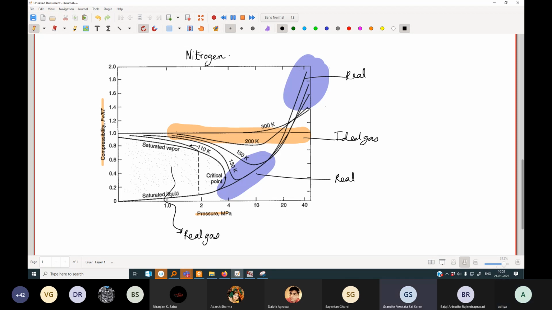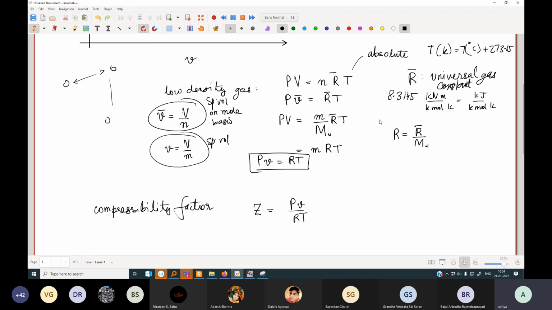Is the volume in the compressibility factor the normal volume or the specific volume? This one is the specific volume. You don't need to remember it that way. It's basically just this divided by this.